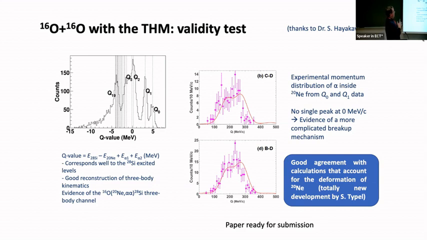The only ingredient that was taken without much effort was the trend of the astrophysical factor, for which we assumed a simple exponential fit of the astrophysical factor in the literature, the one that I've shown you before.